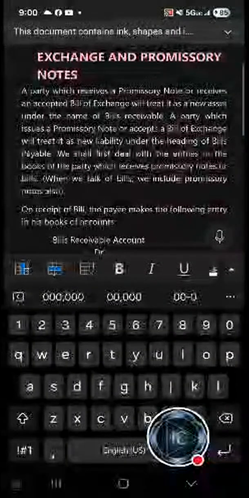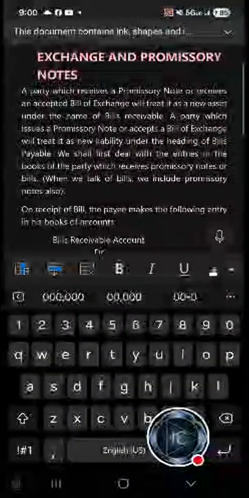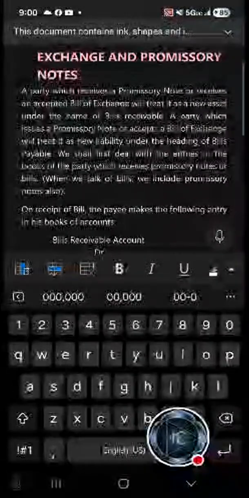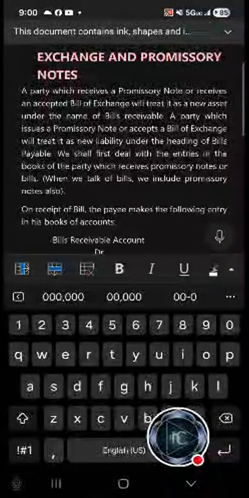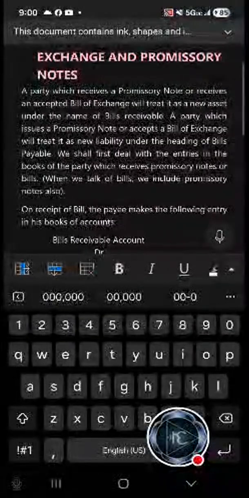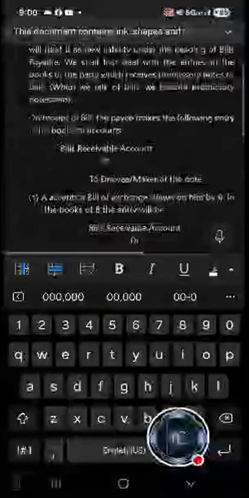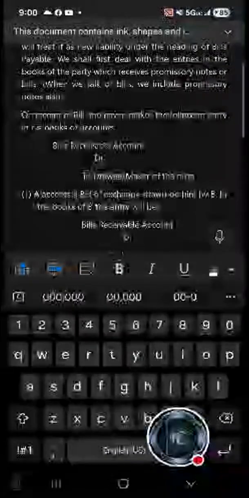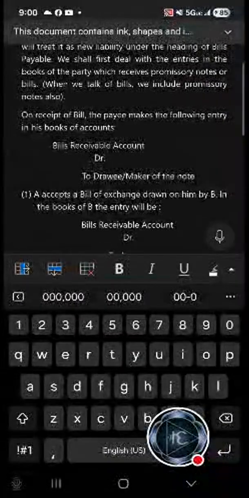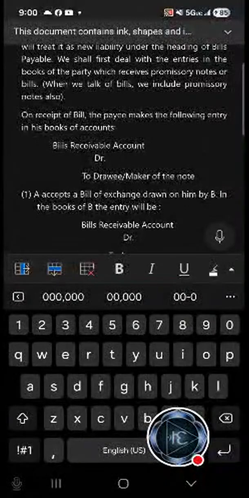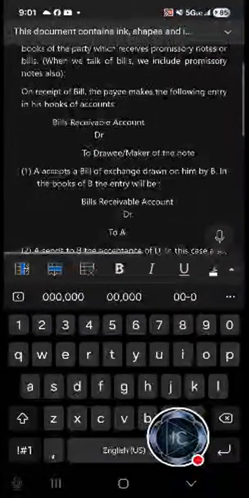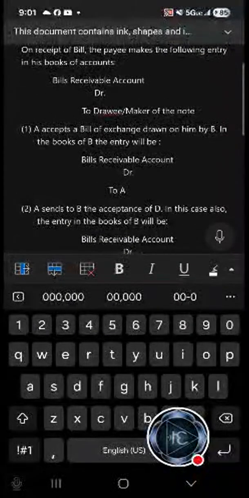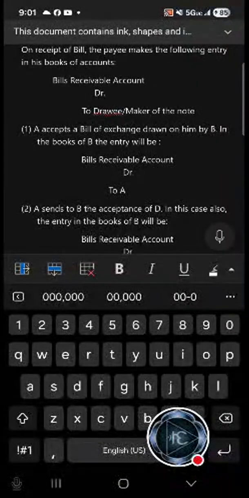We shall first deal with the entries in the books of the party which receives promissory notes or bills. When we talk of bills, we include promissory notes also. On receipt of bills, the payee makes the following entry in his books of accounts: Bills receivable account, debit, to drawee, maker of the note.